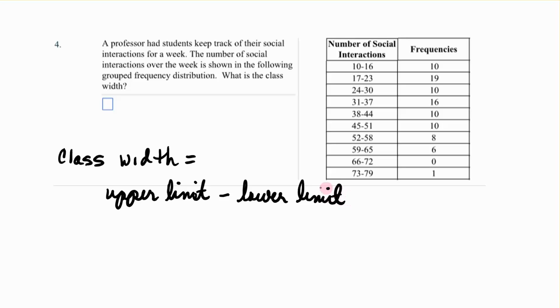And it has to turn out to be the same no matter where you check. So you could check any one of these. I could check the first one, and it is 16 minus 10, which gives you a width of 6. Or I could have chosen this one, 65 minus 59. It still gives you 6.